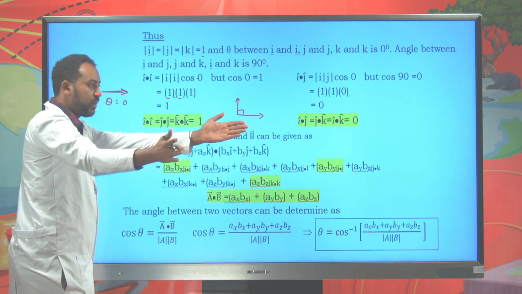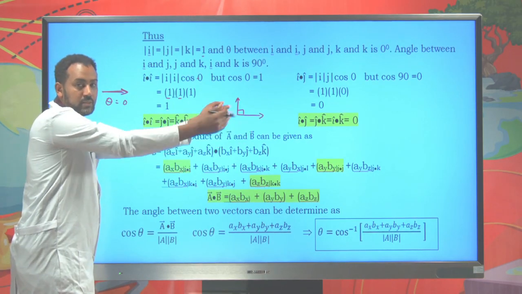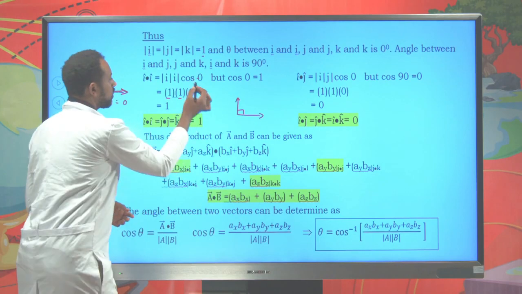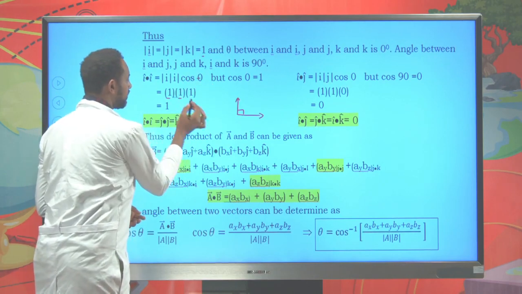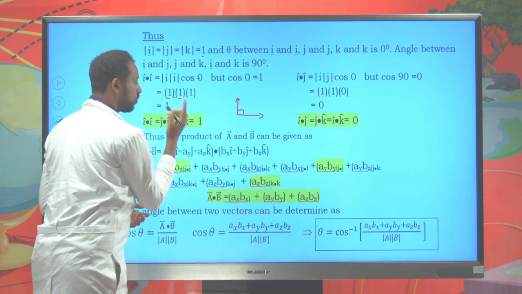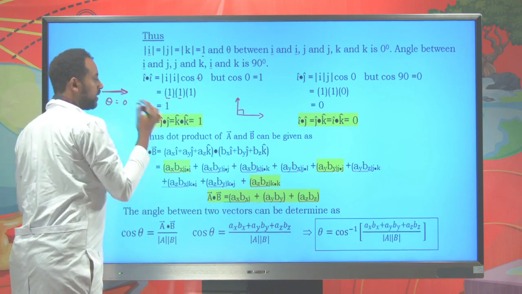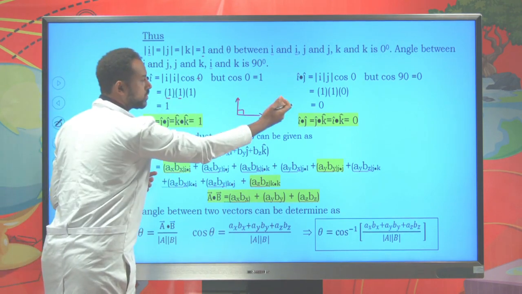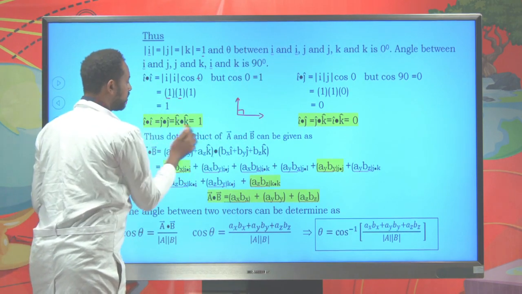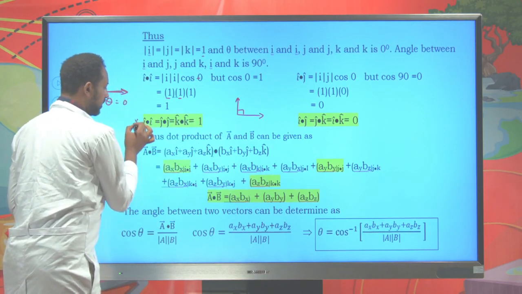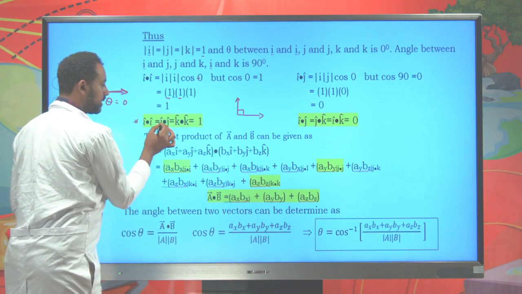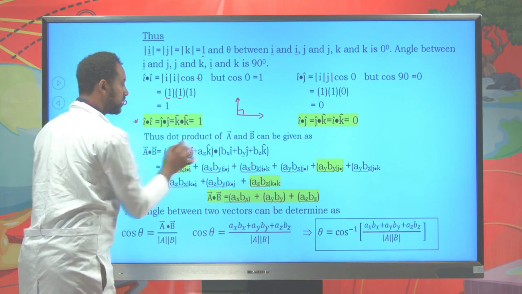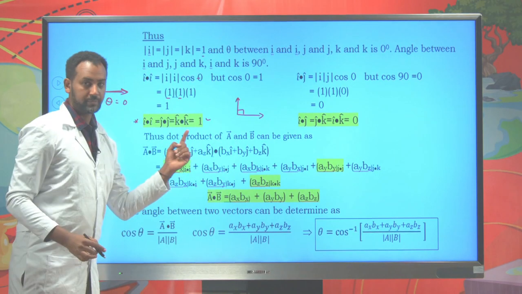Cosine of 0 is 1. Therefore, when you multiply this, it gives you 1. So i dot i gives you 1. The same is true for j dot j, and k dot k also gives you 1. And don't forget this point: i dotted with i, j dotted with j, k dotted with k always gives us 1.